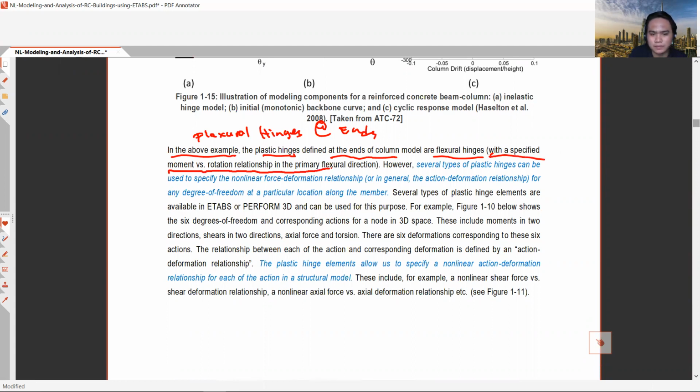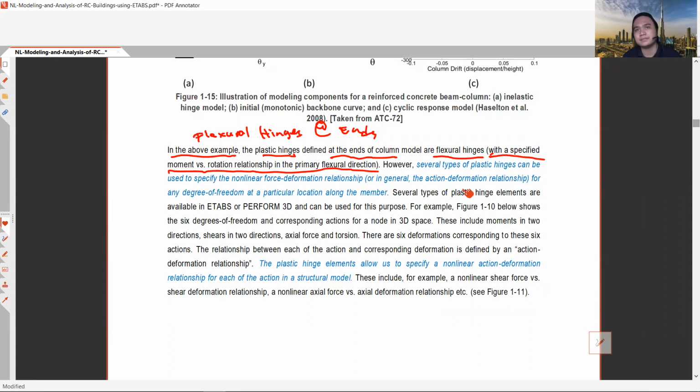Yun yung pagkakaintindi ko. Okay, so however, several types of plastic hinges can be used to specify the nonlinear force deformation relationship. So in general, the action deformation relationship for any degree of freedom at a particular location along the member. Okay, so pagkakaintindi ko, there are several types of plastic hinges that can be assigned to specify nonlinear force deformation relationship in any degree of freedom at a particular location along the member.